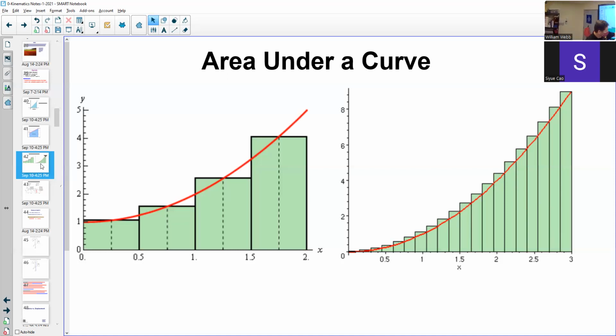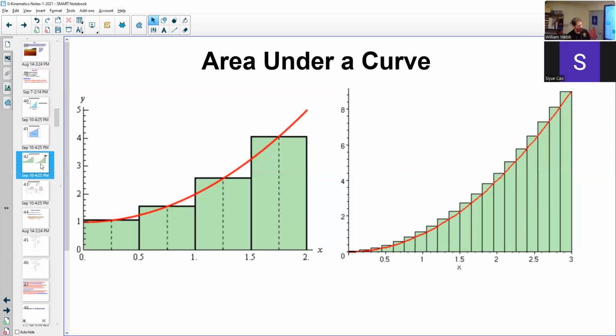Same thing here. We can make the pieces smaller. In this case, they're not doing as great a job visually of making up for the pieces, but if you keep making those rectangles smaller and smaller, then you start getting closer and closer to the real value for the area.